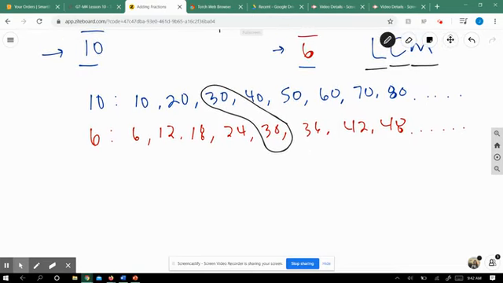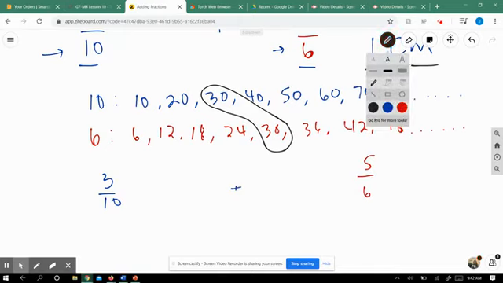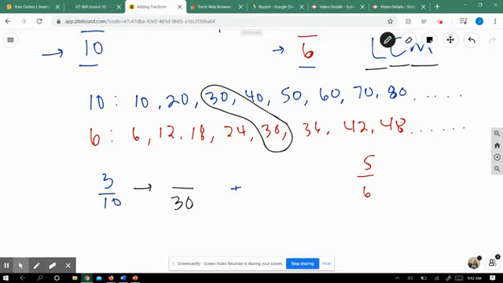So I'm going to bring back down my two fractions, my 3/10 plus my 5/6. But now I know that my new denominator is going to be 30 for both of them. So I'm going to go ahead and write that here.